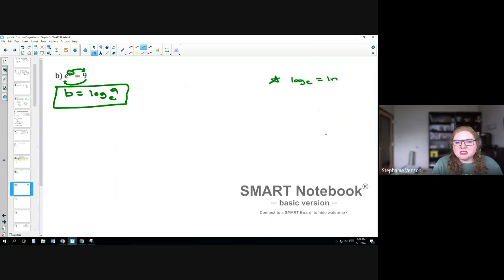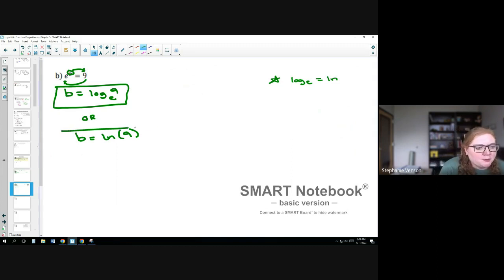You see, log base e has so many real life applications that people came up with a special name for it. And so it can now also be written as natural log. So you could write this as b equals log base e of 9, or you could write it as b equals the natural log of 9. By the way, that's ln, not in. People always think it's in, but it's ln. Anyway, both of these are equivalent ways to write that, and they would both be correct.